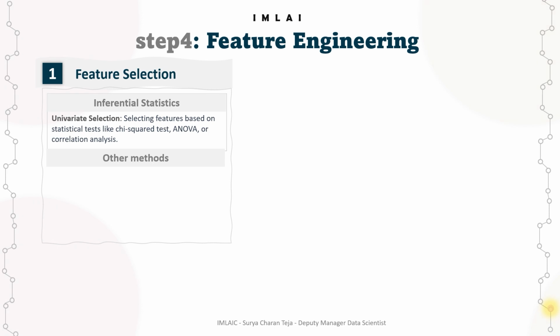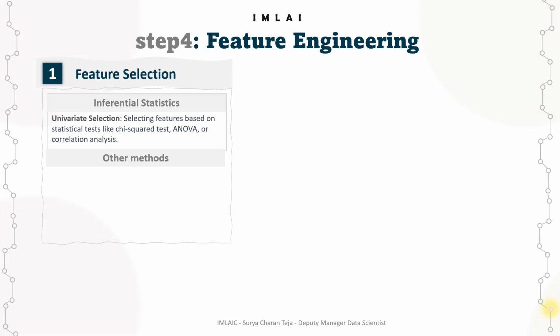So this is using inferential statistics for feature selection. This is called univariate selection because you select one variable at a time. If you want to learn and understand inferential statistics intuitively, I would request you to watch my intuitive inferential statistics course.